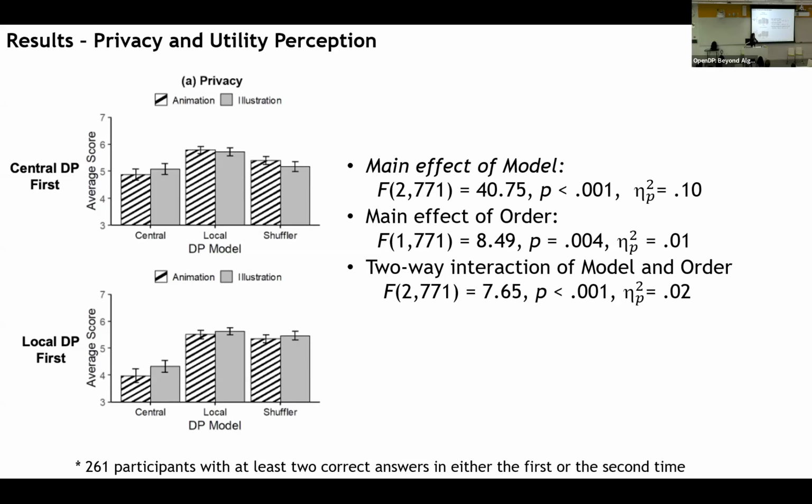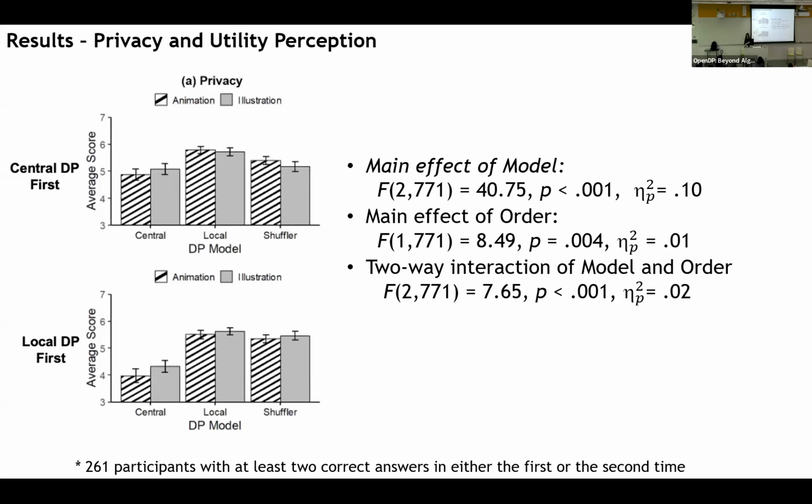As I said before, there is no statistical difference here, so you don't need to worry about the comparison between those two bars. In the study, considering the fundamental difference between the central DP and the local DP, we also counterbalanced the order between those two models.